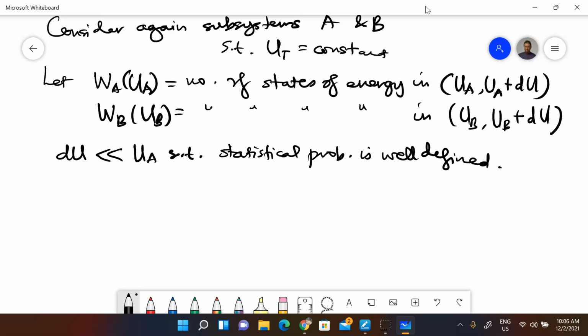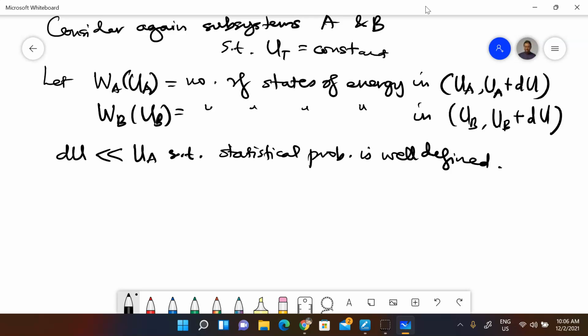So what we want to do is now consider initially the two systems are separate and they are thermally isolated from the rest of the universe.